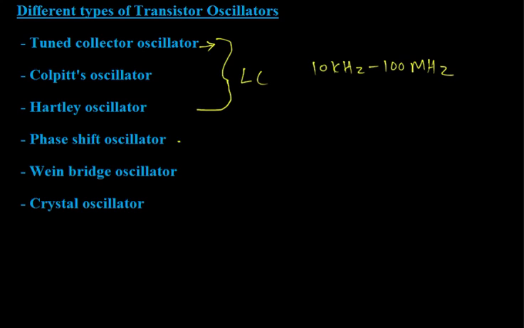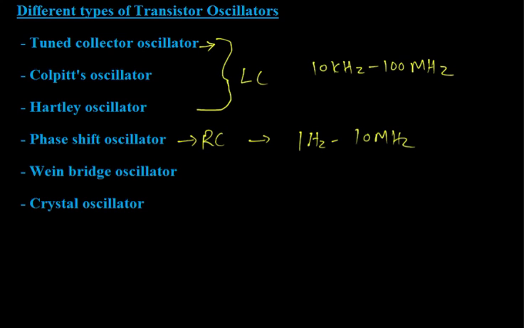The phase shift oscillator is an RC oscillator, or the tank circuit is an RC network in the case of a phase shift oscillator, which produces frequencies ranging from 1 hertz to 10 megahertz. And another one is the Wien-Bridge oscillator.